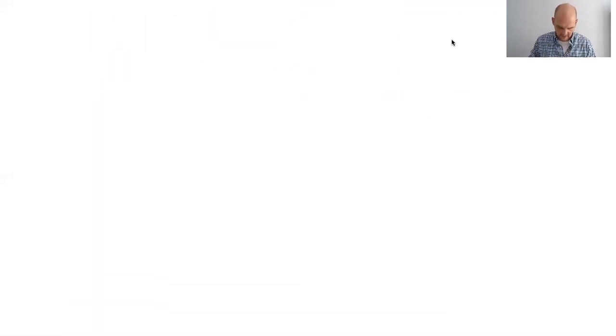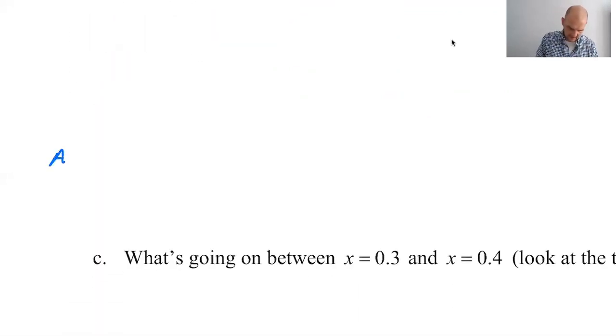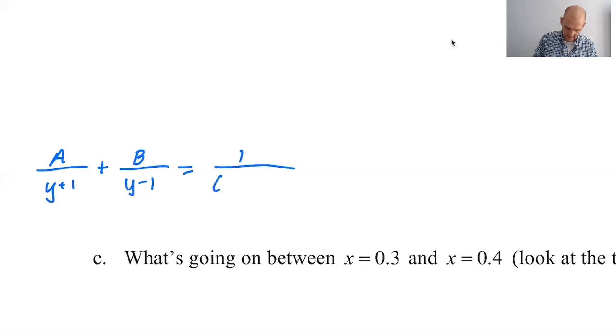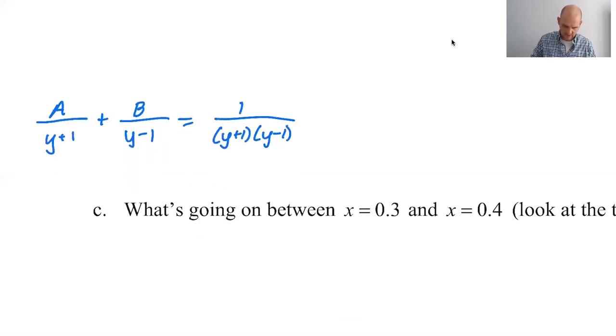So I'm going to do it way down here. Say A over y plus 1, B over y minus 1 equals 1 over (y plus 1)(y minus 1). Okay. So if y equals -1, then A is -1/2.